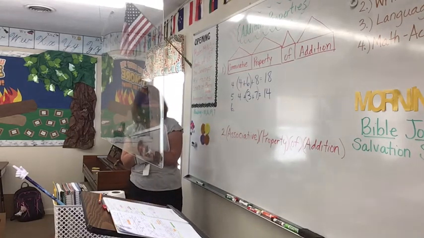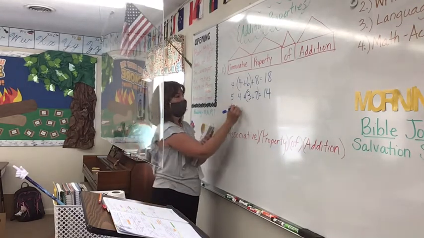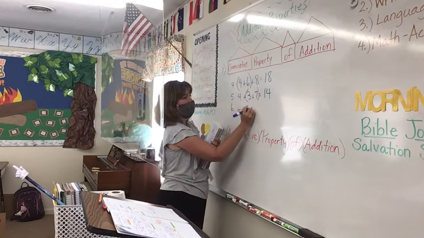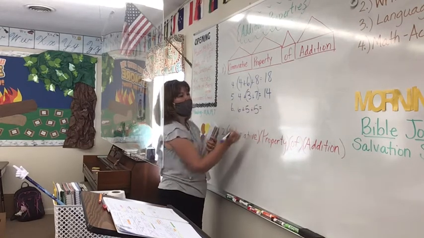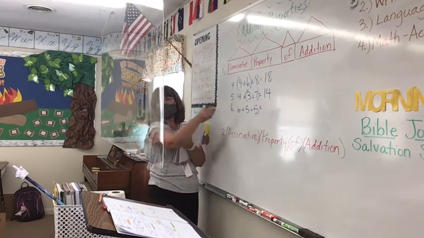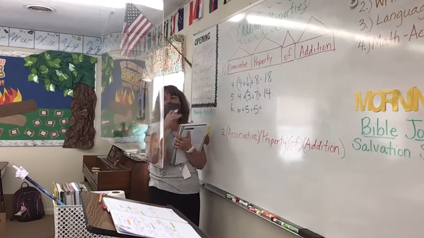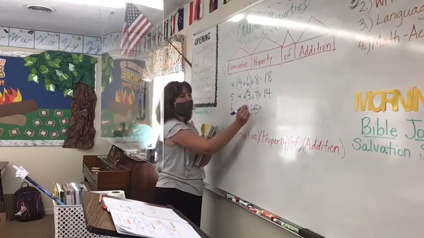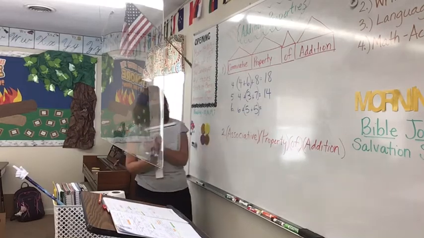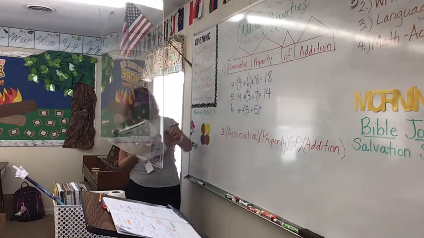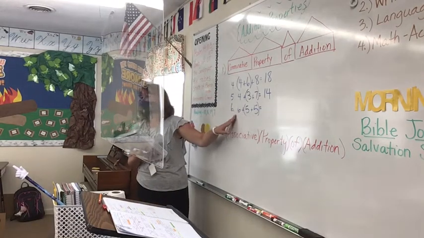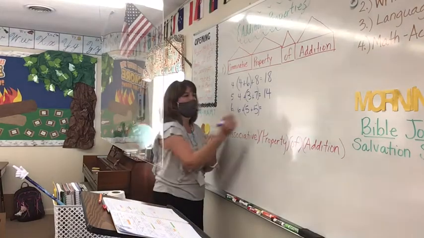Number 6. 6 plus 5 plus 5. What two numbers? So you can just tell me the answer. It takes 5 plus 5. So 5 and 5 is 10. 10 plus 6 is 16.